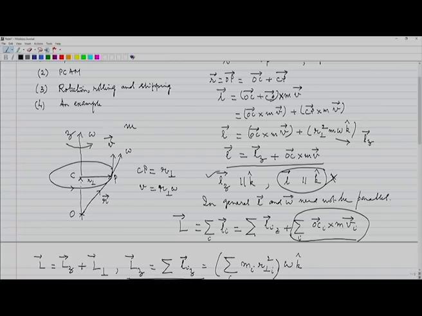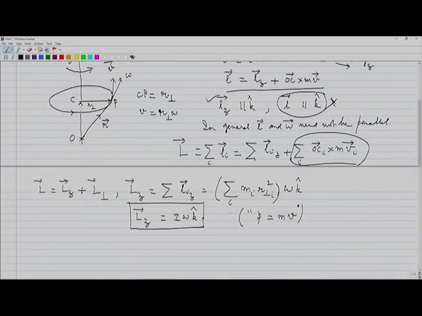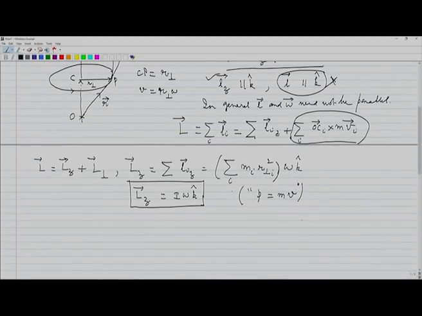If it is a symmetric body, given this axis, if there is a velocity in this direction, there is another particle diametrically opposite at the same distance with a velocity minus v i. Therefore, these two components will cancel, so you are left with L perpendicular equal to 0.